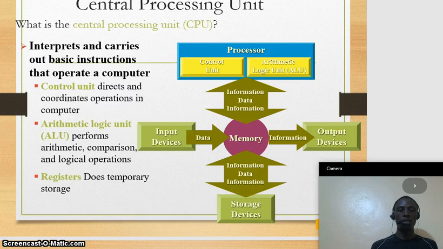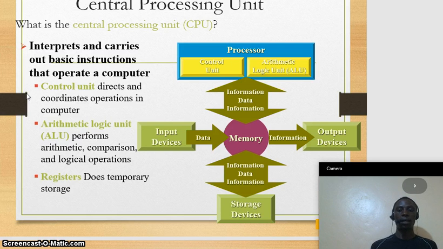And let's continue. Before we ended our lecture 8, we were on this slide. We talked about the central processing unit as a hardware component within the systems unit. We have talked about what the central processing unit is.